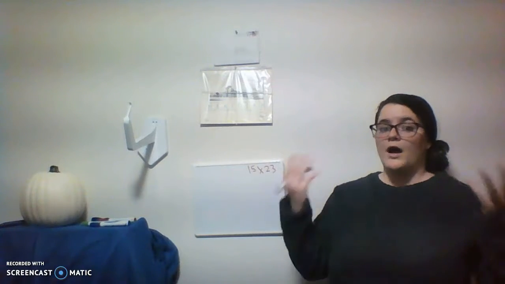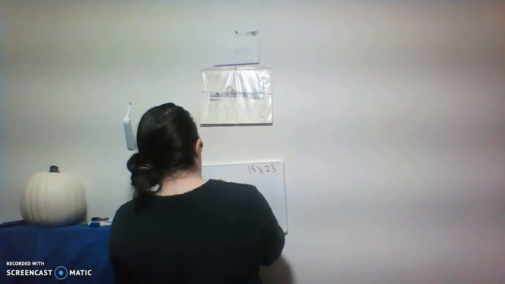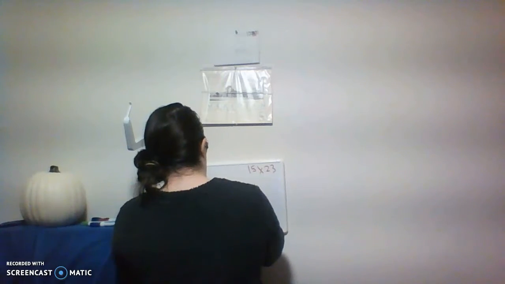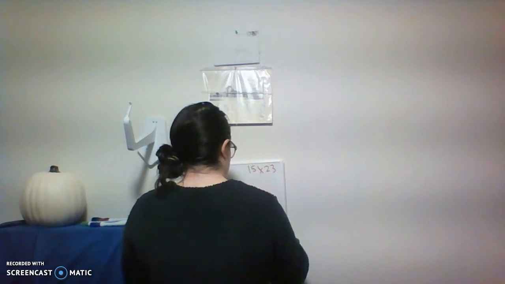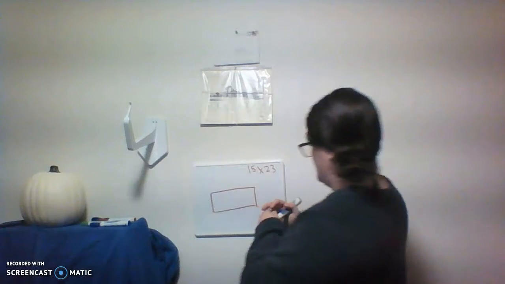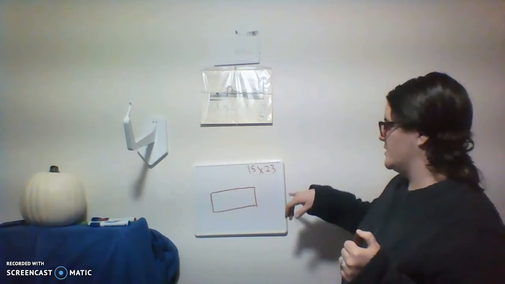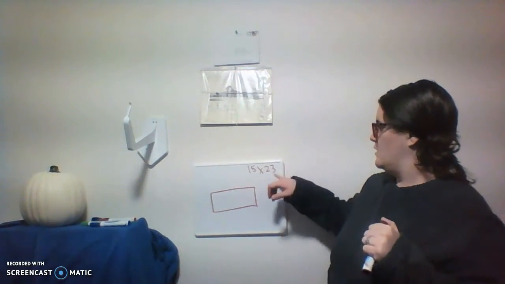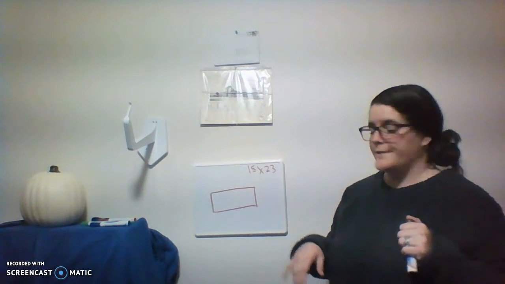Next, I draw my box. So I'm going to come over here, and I'm going to draw a box. Okay? Remember, we try to draw kind of proportionate boxes, okay? So now I say, okay, well, which of my numbers is larger on a number line?